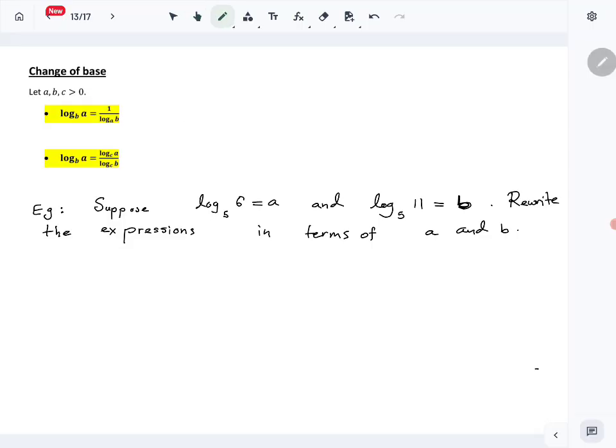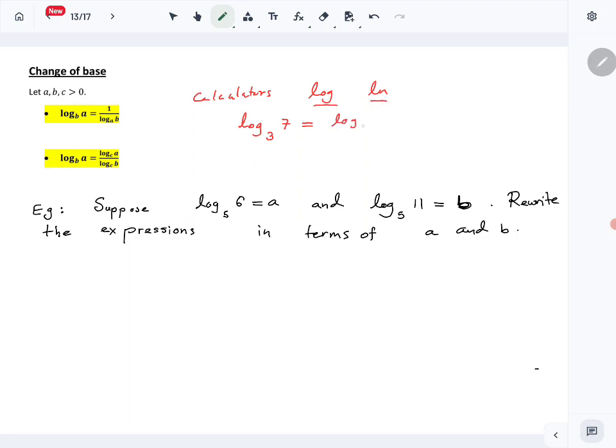So the reason is, when you take calculators, they will only have a log button and an ln button. So only base 10 and base e. So then to calculate something like this, log base 3 of 7, we have to convert this into one of the two bases we know.